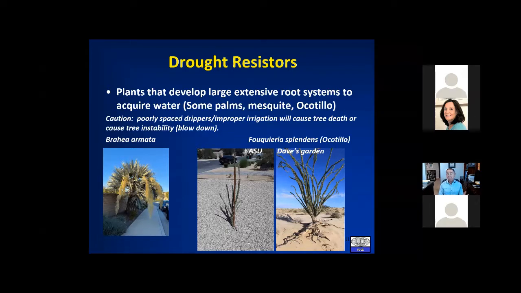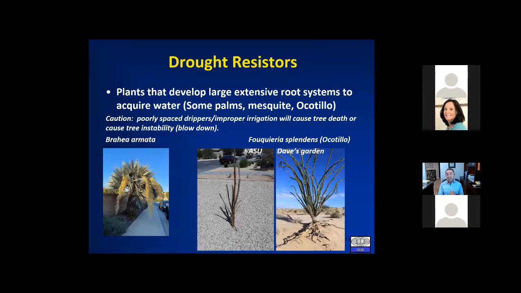It'll happen with Palo Verde trees. If the drippers are placed right where the tree trunk is, or if there's no other water going out, then the tree roots are very close to the tree trunk, and the tree develops a large canopy because it is getting water, but not an extensive root system, and they can topple in the winds.